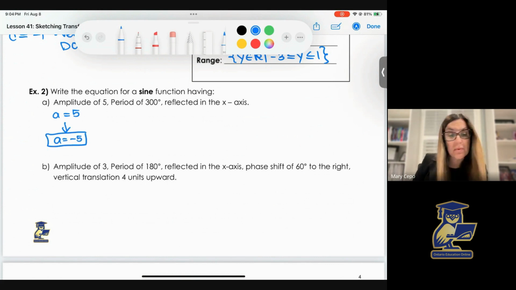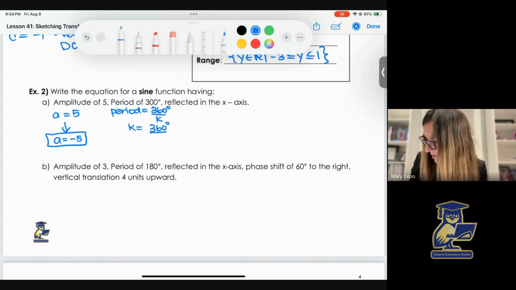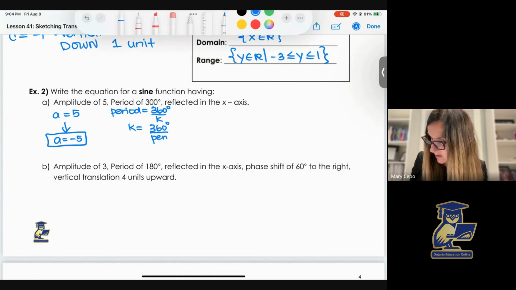Now, to get the k value, you get that from the period, because we know the period is always equal to 360 over k. So cross multiplying, dividing, 360 over your period will give you your k value.